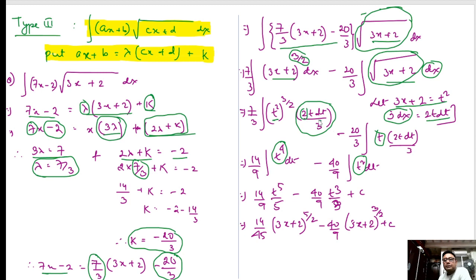Here 2 and 3 will go out. It will become 14 by 9. So this becomes t5 by 5. Integrating this, and integrating t square is t cube by 3. So now putting the values of t back, that is our answer. Clear? This is how we are doing it.